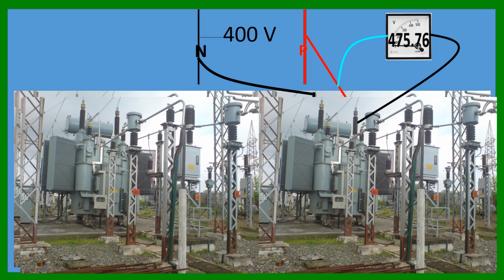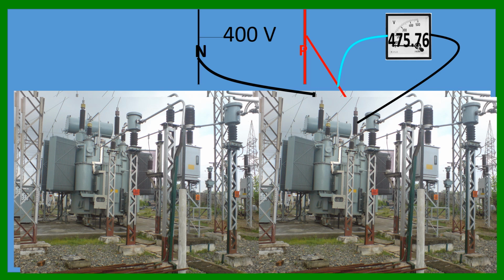Why it is happening, there is a question. Because when you have given 400 volt on the incoming side, the outgoing side is 75.76. Now the voltmeter is showing one side is 400 volt and another terminal is connected with 75.76 volt.